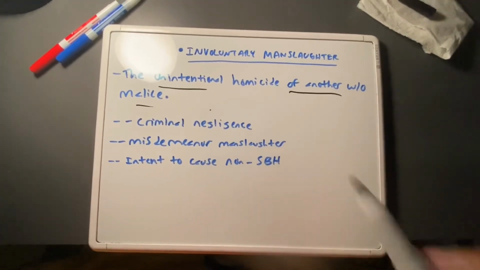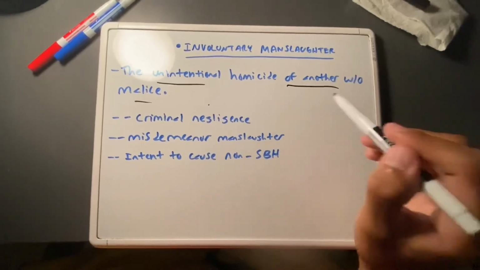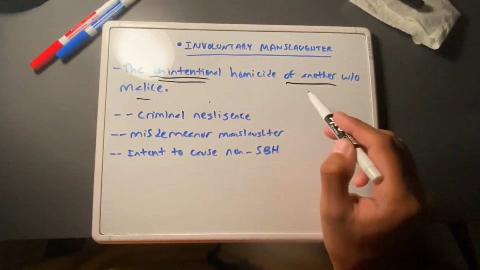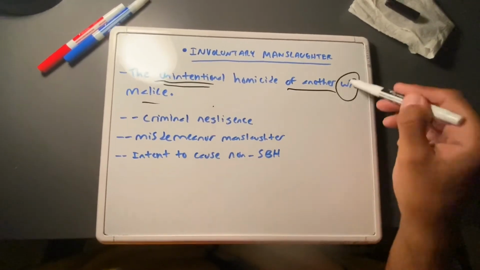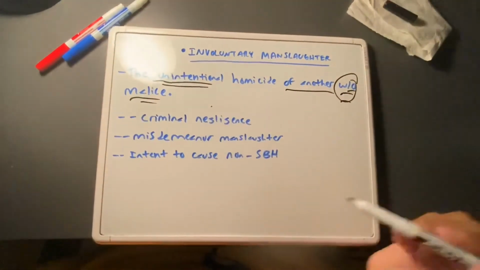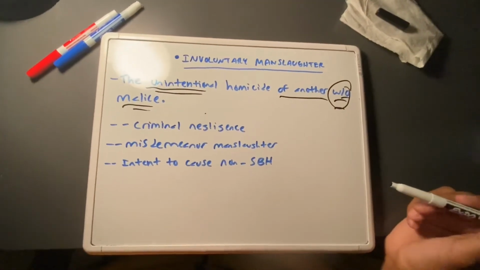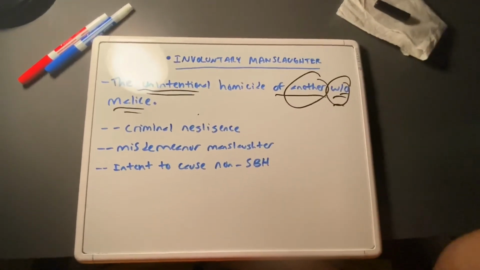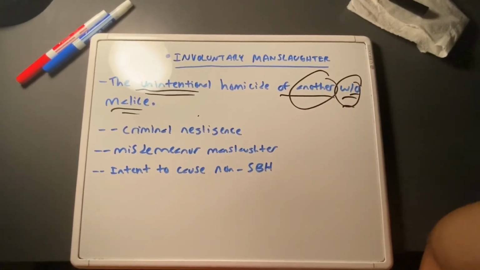The defendant did not have the intent to kill, which is why it's called the unintentional homicide of another. Without, I emphasize this, without malice, which means that the defendant ended up causing a death of another, but the defendant did not mean to kill another person.